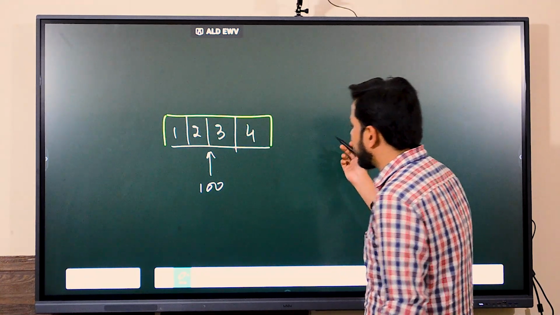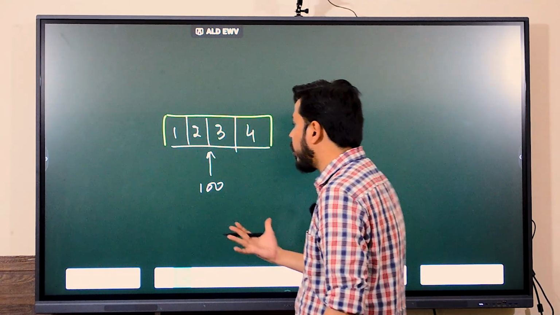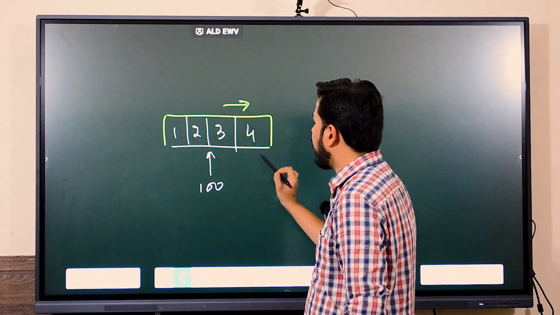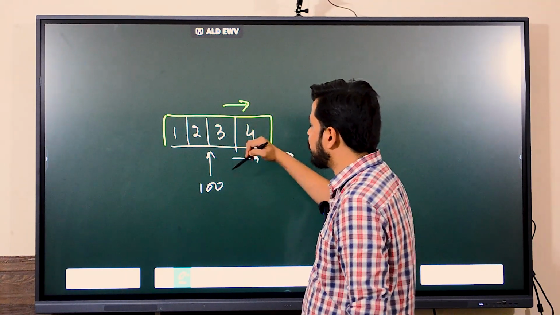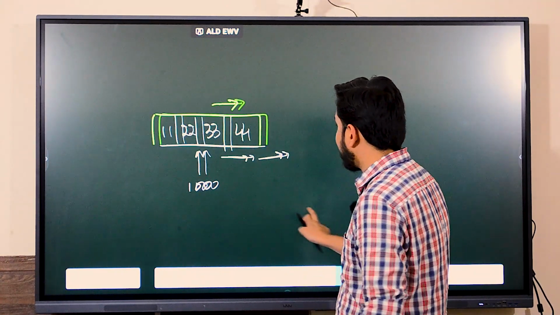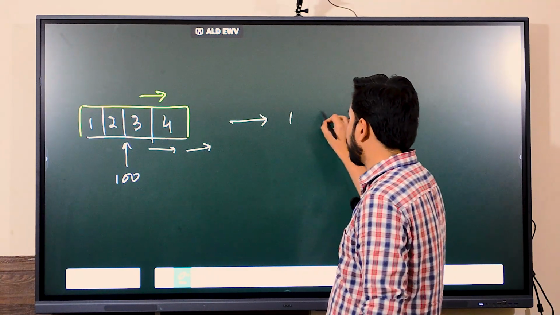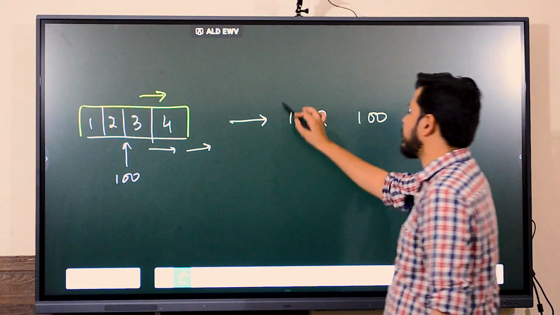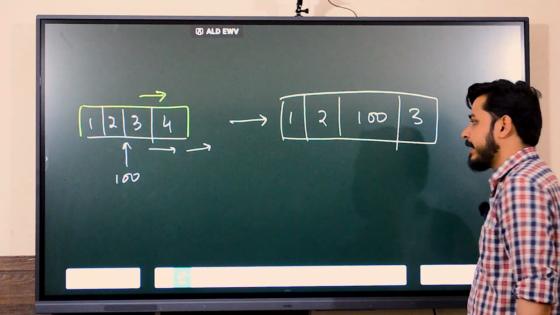I need to create another array with space for one more element, or I can just shift the elements. In this case 3 will be shifted there, so your new array would come like this: 1 2 100 3, but the 4 will get deleted because the size of the array is always fixed. So this is the problem with the array, guys.